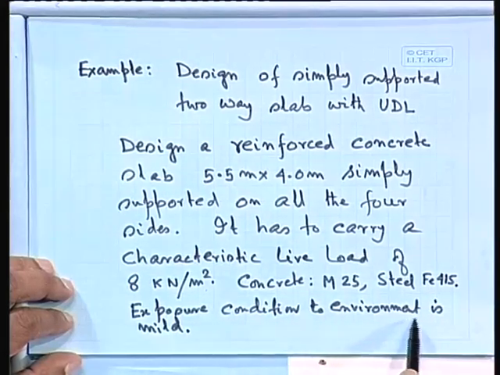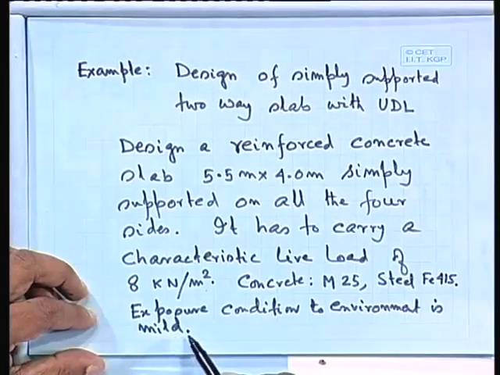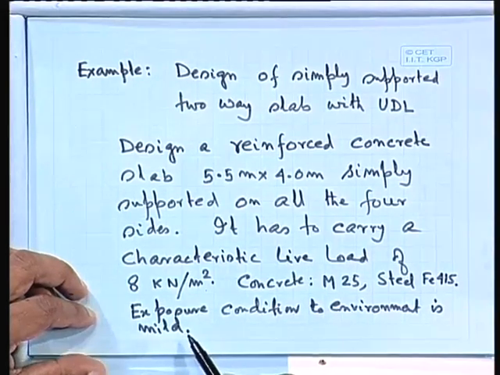Exposure condition to environment is mild, because this will let you choose or assume the cover, as you have different covers for different exposure conditions. So, in this case we shall take it as 15 millimeter, and we shall provide bars of less than or equal to 12 millimeter dia. So, we can use a 15 millimeter cover.